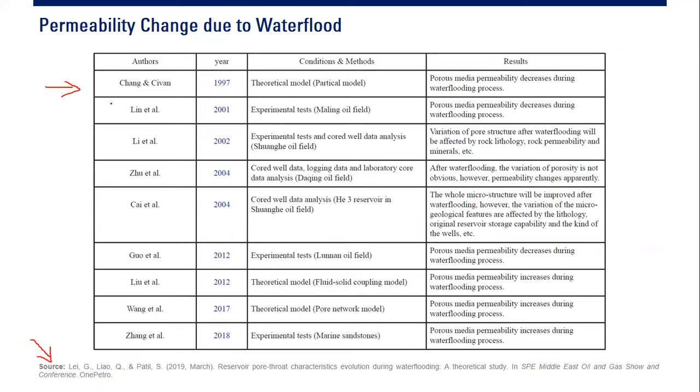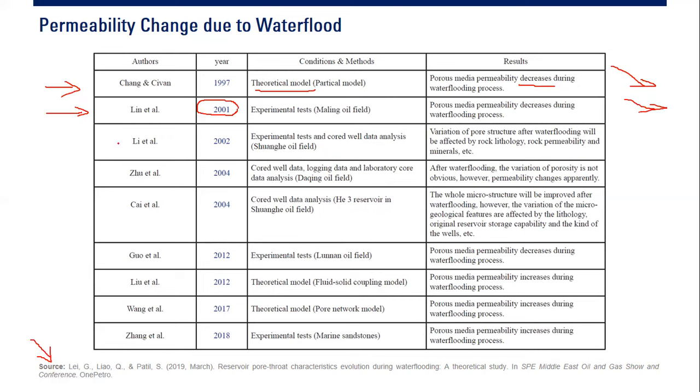Okay, so the first paper says that porous media permeability will decrease. All right, so permeability decreases during water flood. And they suggest that using a theoretical model. And the next one, Lin et al. from 2001, they used experimental tests and they say that permeability will decrease due to the water flood process.